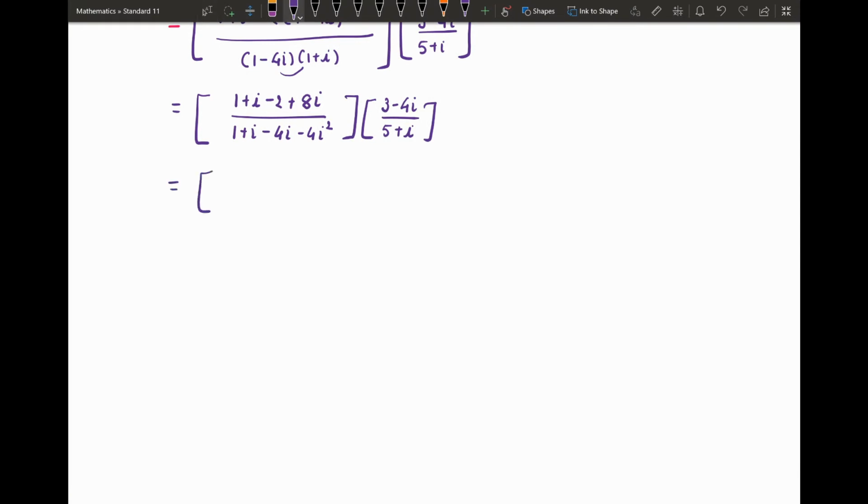This is 1 minus 2, that is minus 1, plus 8i plus i, 9i. i square is minus 1, so minus minus plus 4 plus 1, 5 minus 3i, then 3 minus 4i.